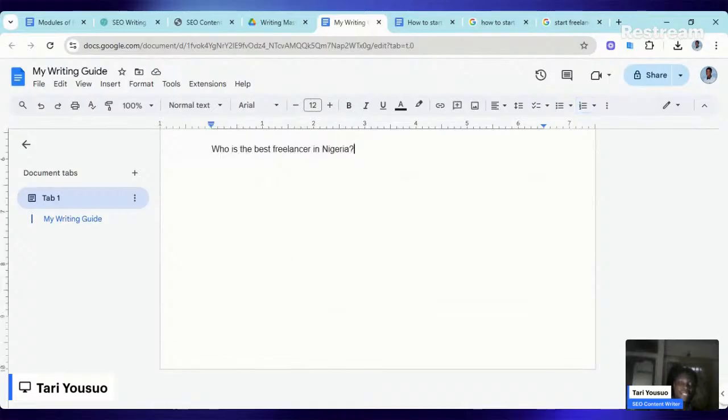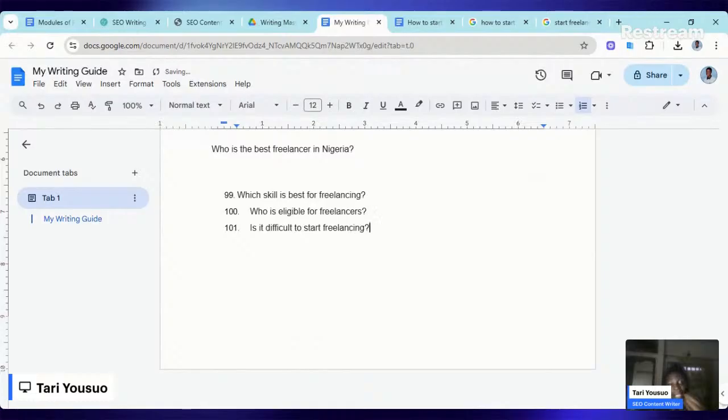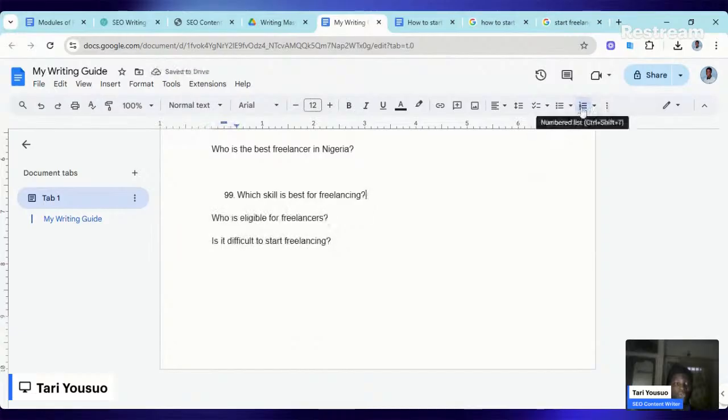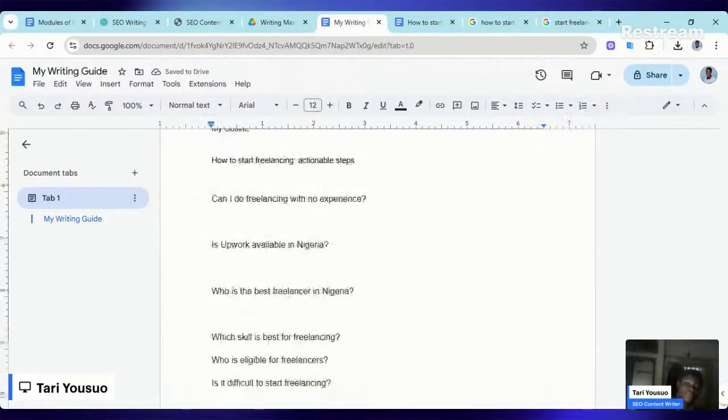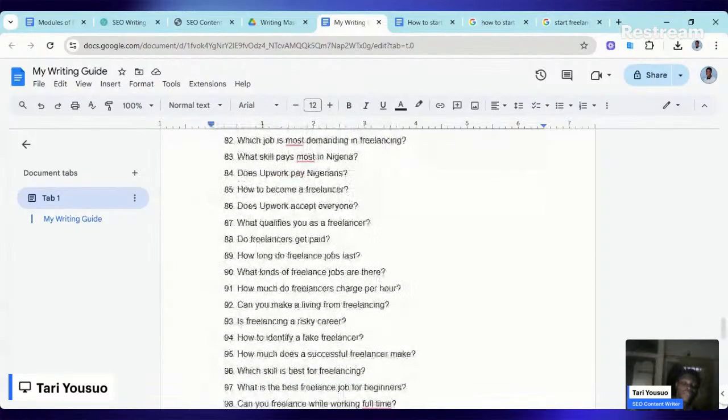I'll say for a start, just let your intuition guide you. And it's also why if you're writing on a topic you have experience in, it will be better because you know the myths and what to throw away basically.